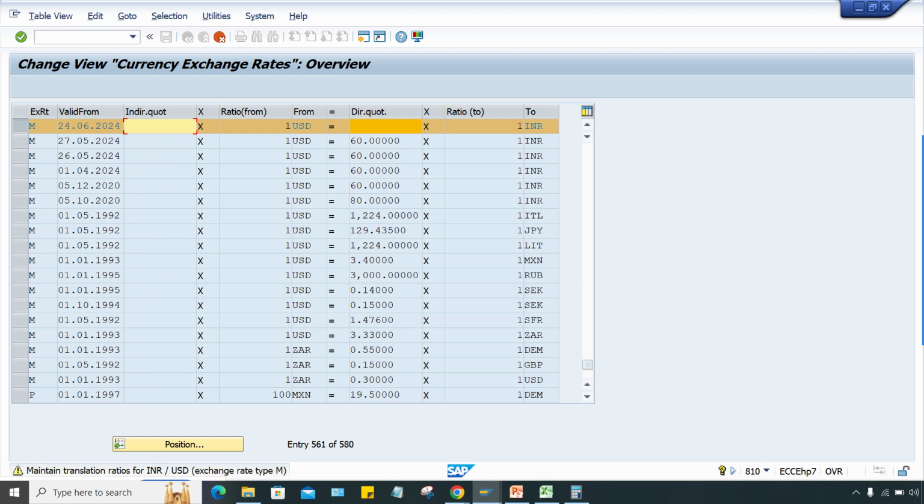Okay. In that case, again, SAP is saying to maintain the translation ratio for INR versus USD.